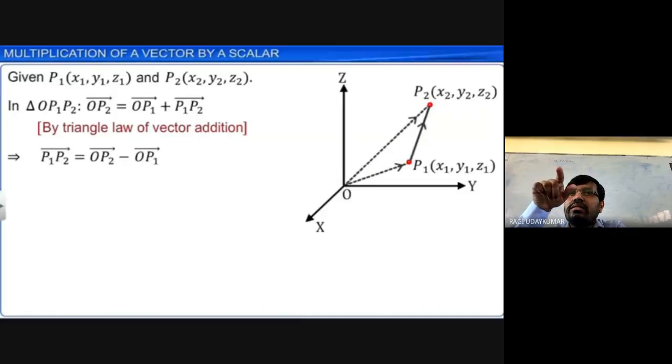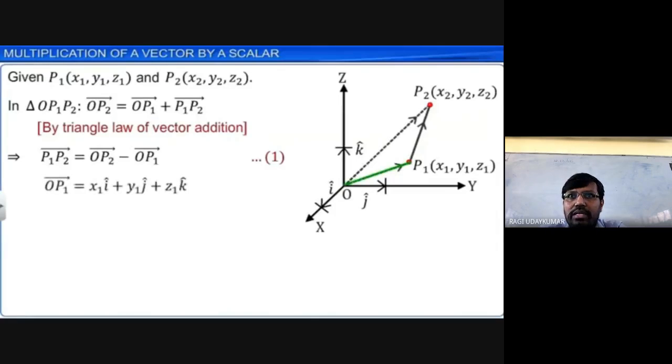OP2 can be written in component form as x2i plus y2j plus z2k, where x1, y1, z1 and x2, y2, z2 are the points we are considering.